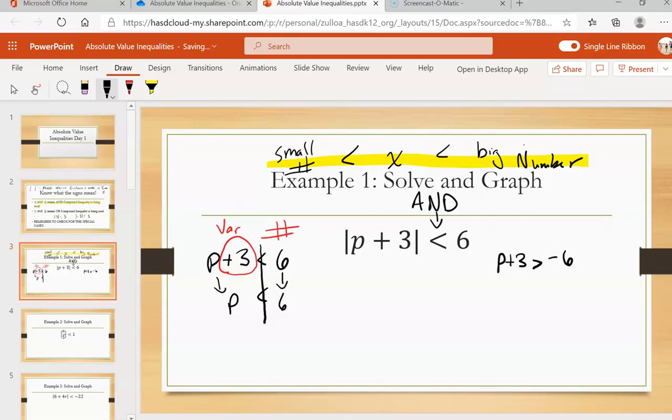Now instead of a plus 3 on the left, you bring it over to the right as a minus 3. So you bring down your p, less than, and you have 6 minus 3, which is 3. Okay. That's the first side. You're going to do the same thing to the side over here. Okay, variable side on the left, numbers on the right.